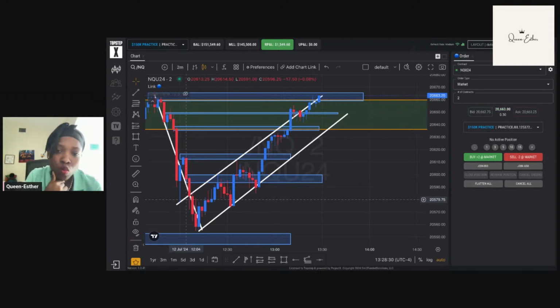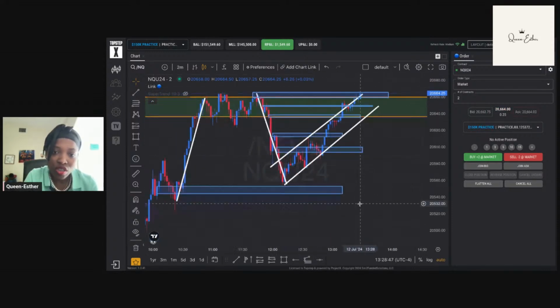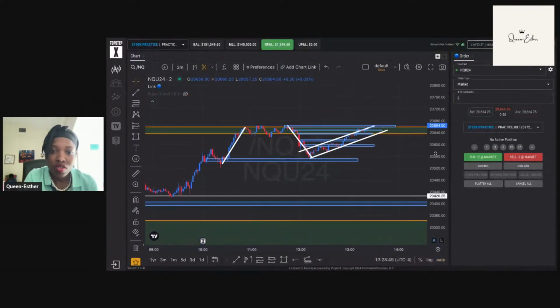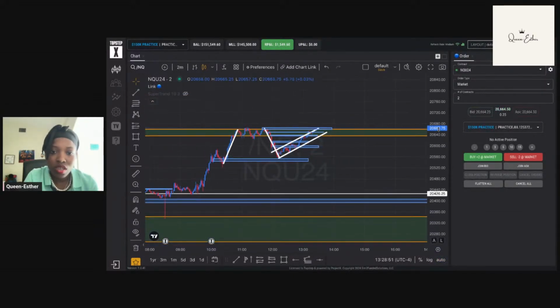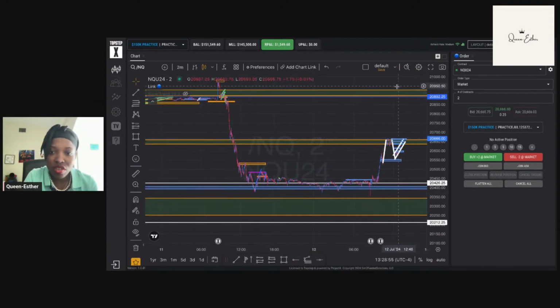You see why you have to wait for your confirmation before you jump in the trade? So at this area, I wanted to see an engulfing candle coming this way, but this can break out of this level and continue straight forward because there is this area right here that price needs to fill.